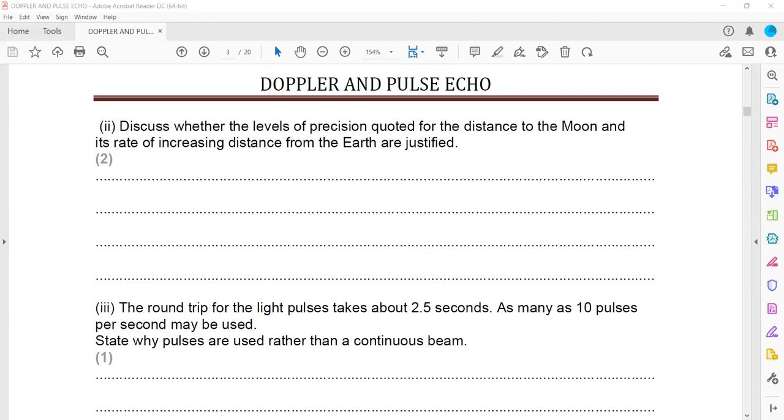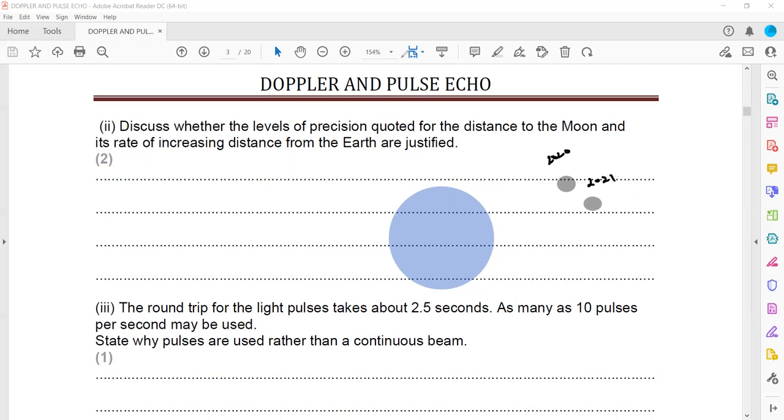Why is it not justified? Suppose this is the earth and this is the moon, for example in 2020, and after 1 year the moon has moved a distance of 3.8 centimeter away from us.